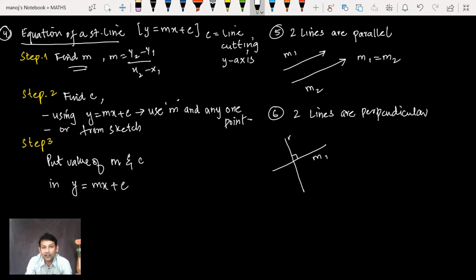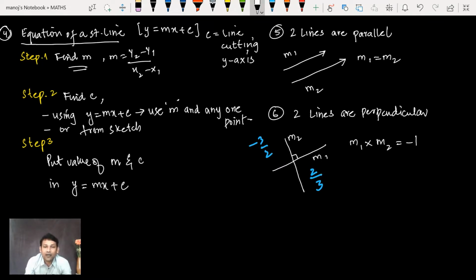The gradient of this line is m2. So what we write: m1 multiplied by m2 is always equal to -1. For example, the gradient of this line is suppose 2 upon 3. So the other will automatically be -3 upon 2, the reciprocal with a negative sign. When you multiply, it's coming -1. Okay.